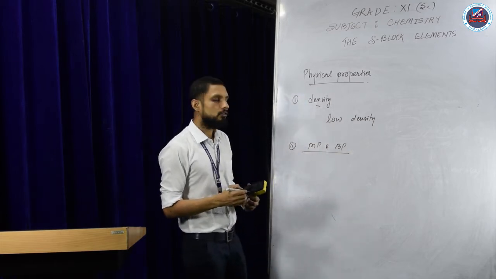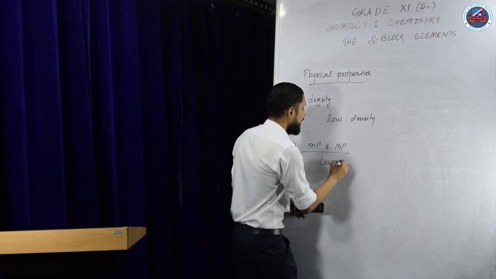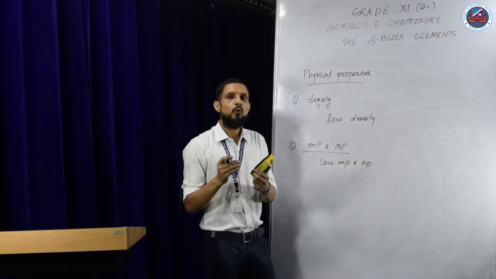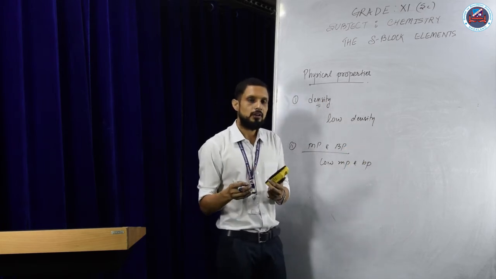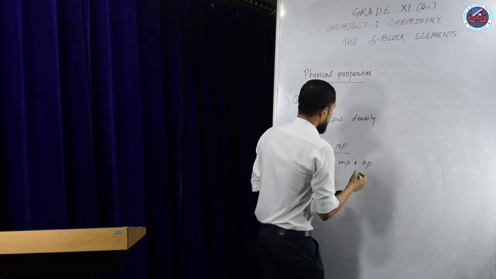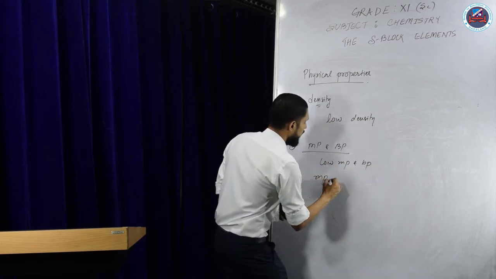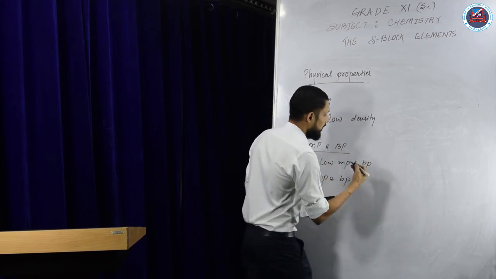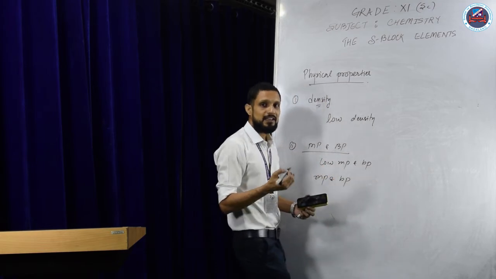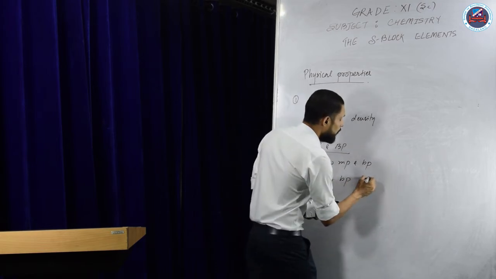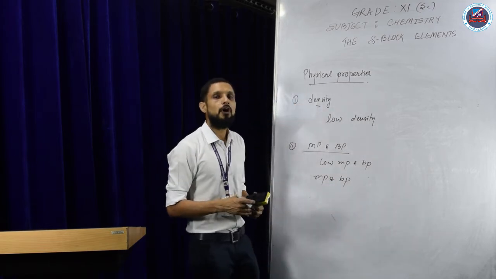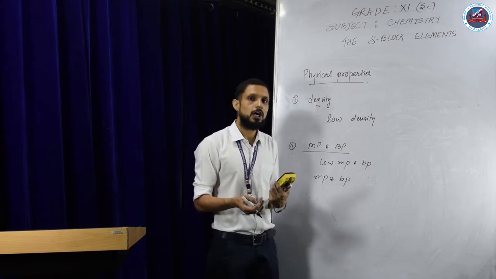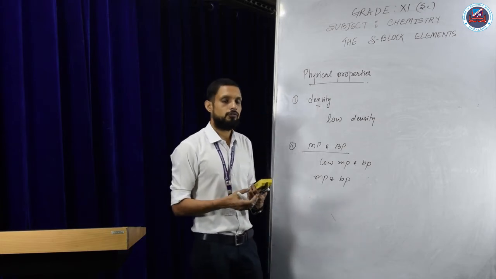Alkaline earth metals also have low melting point and boiling point. This is due to weak metallic bonding. However, the melting point and boiling point of group 2 elements, that is elements like beryllium, magnesium, calcium, is more than the melting point and boiling point of group 1 elements like sodium, potassium, etc.